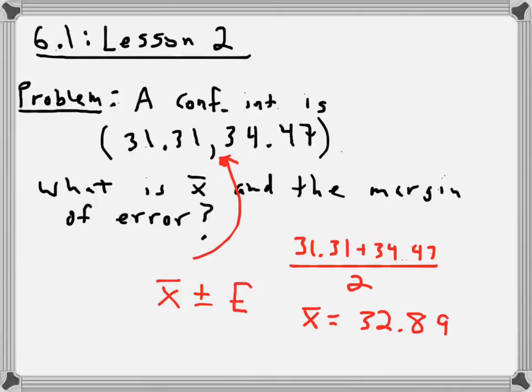So what about the margin of error? Well, the idea is since we're adding and subtracting the margin of error, how do I explain this? Sorry. Essentially, this whole length of the interval, which is going to be 34.47 minus 31.1, 31.31.